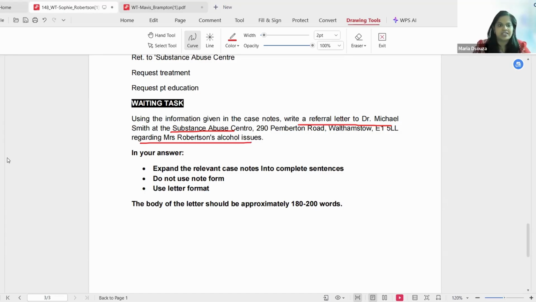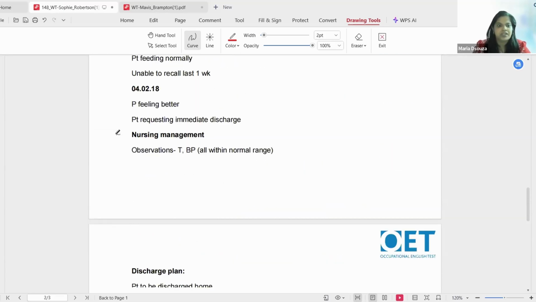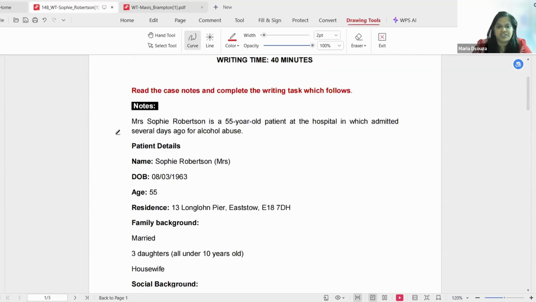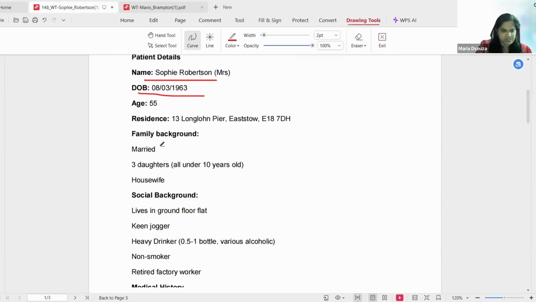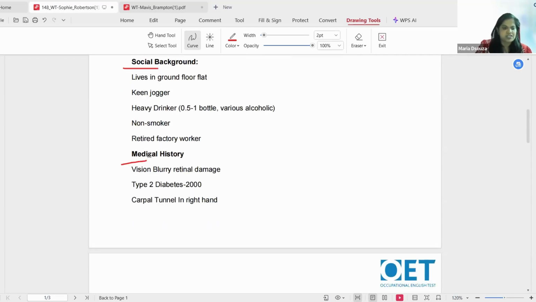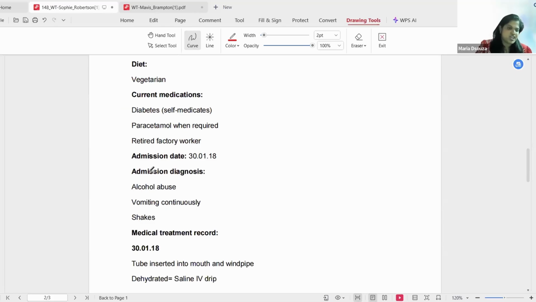When you look at the writing task here, there's a lot of information given. This is about alcohol substance abuse. Name is given, date of birth, age, family, address, everything is given. We have the family background, social background, medical history of the patient, family history, diet, current medications, everything.